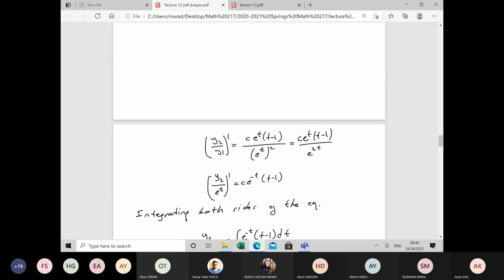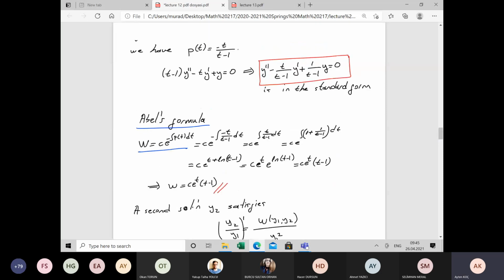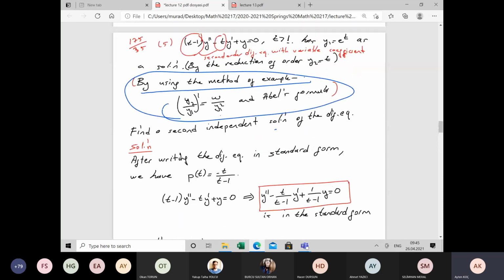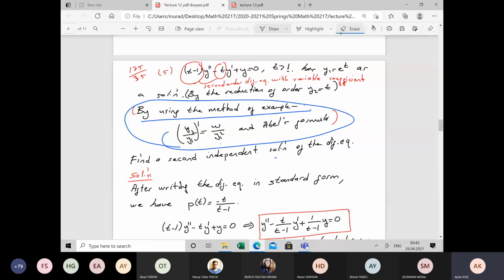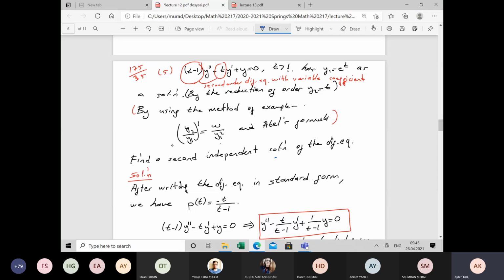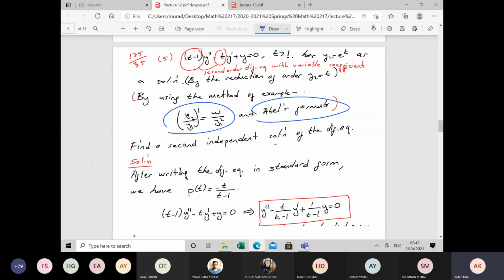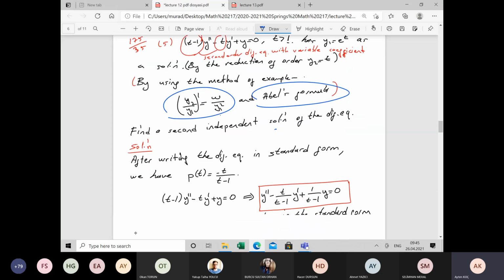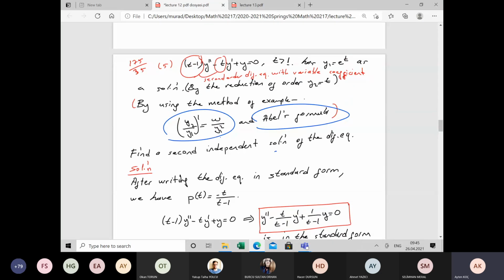Now let's find the second fundamental solution using the previous example, with this formula and Abel's formula. First of all, write our differential equation in standard form, because it is not in standard form: the coefficient of y double prime is t minus 1, not 1.